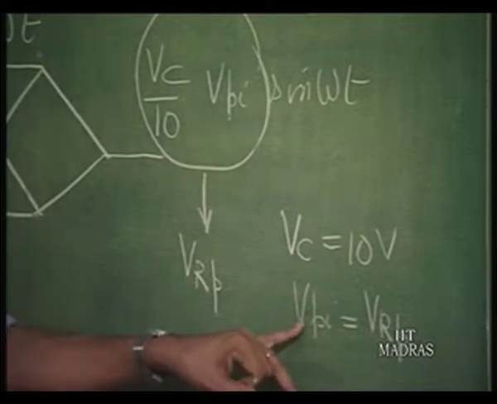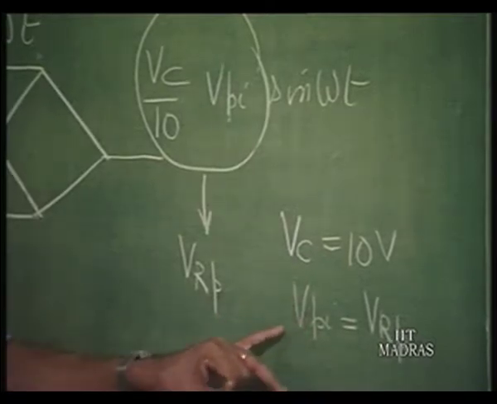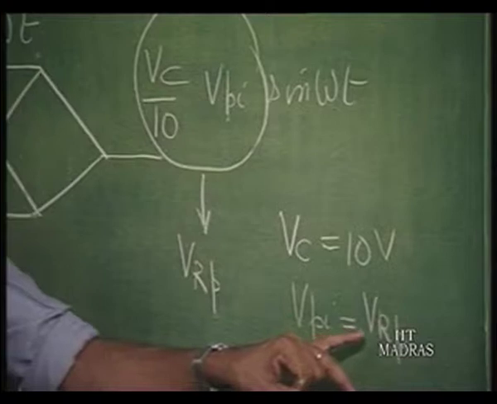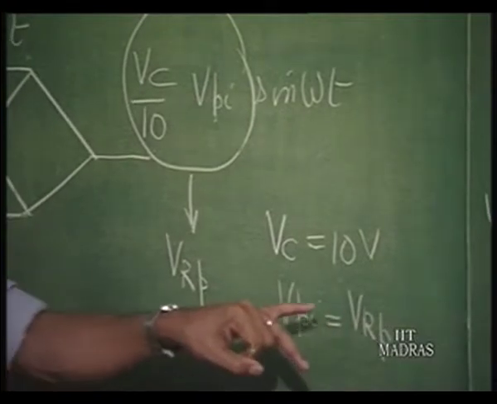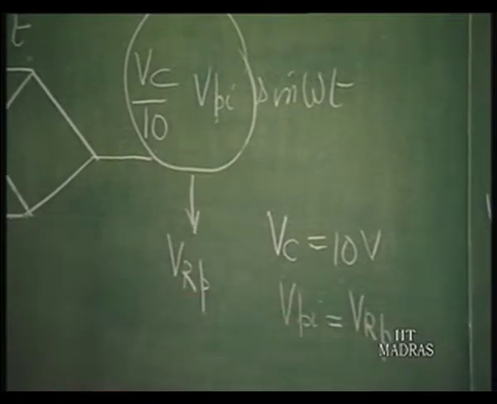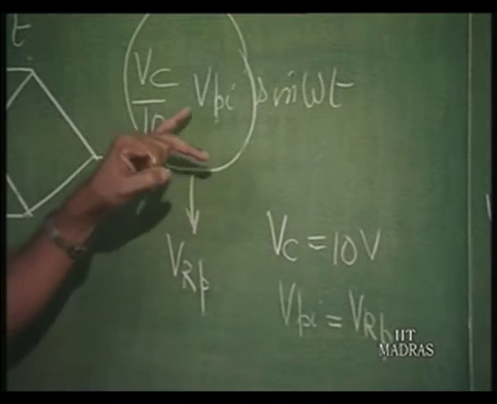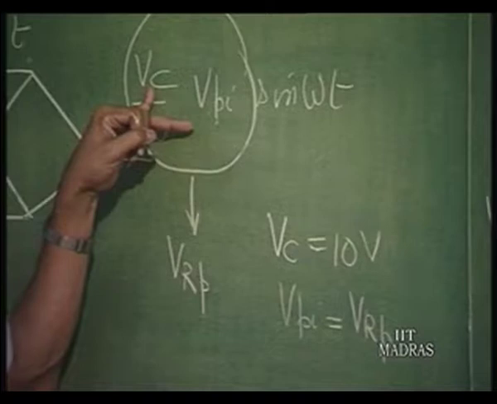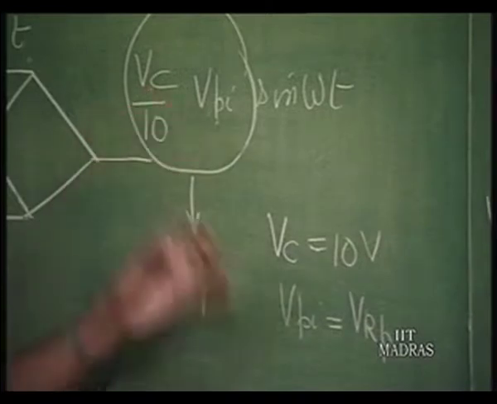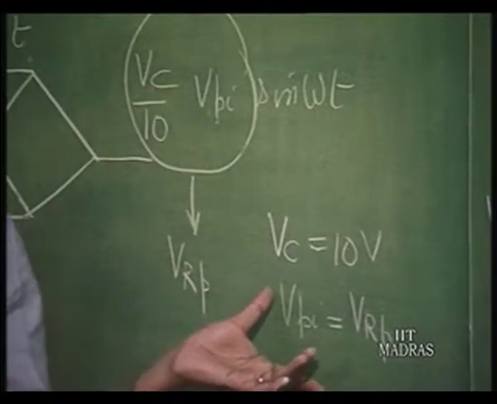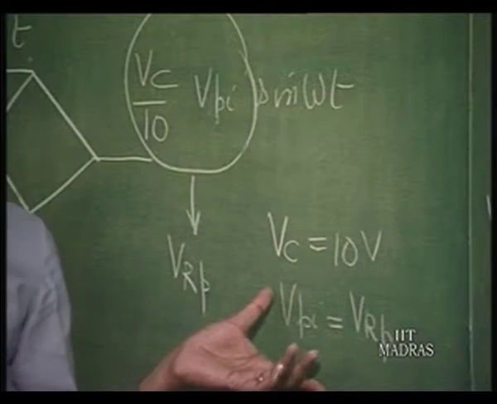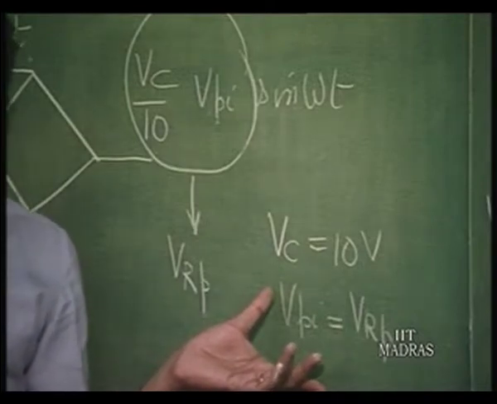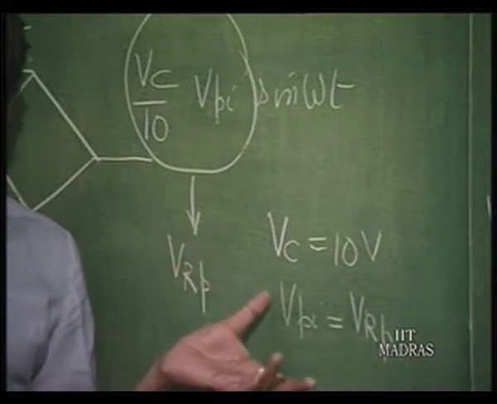If Vpi is less than Vrp, Vc has to be greater than 10 volts, which is not possible. That means, Vpi cannot take any value which is less than Vrp for this structure.